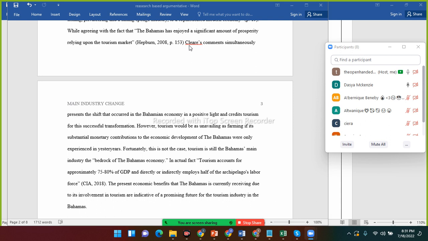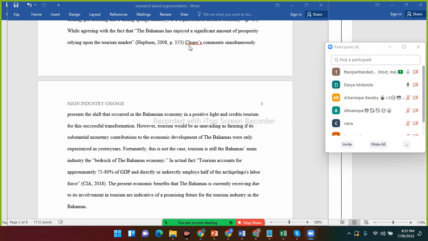Claire's comment simultaneously presents the shift that occurred in the Bahamian economy in a positive light and credits tourism for the successful transformation. However, tourism would be as enduring as farming if the substantial monetary contributions to the economic development of the Bahamas were only experienced in yesteryears. Fortunately, this is not the case.